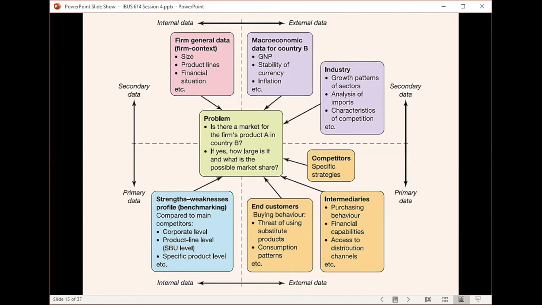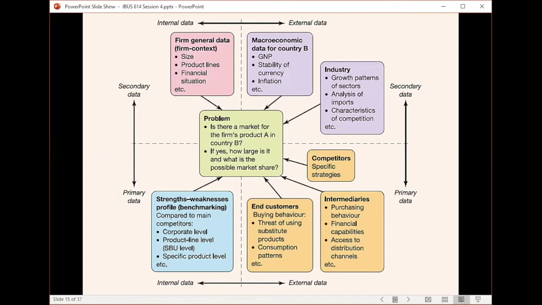So these are various ways by which external and internal data sources, as well as primary and secondary data sources, interplay with each other and inform the decision-making of the global marketer. All the decision-making that the global marketer does is informed in a cyclical manner by all these sources of information. They are not something that you can just sit down as a marketer and hope will come to you.